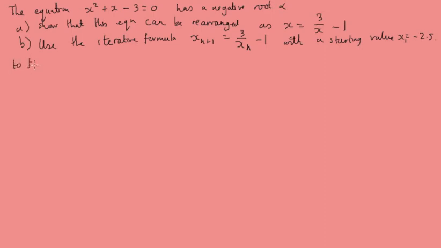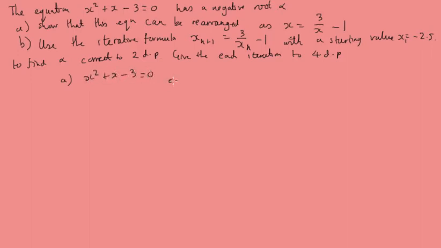To find alpha correct to 2 decimal places, and give each iteration to 4 decimal places where appropriate. So firstly A. So we have x squared plus x minus 3 equals 0.